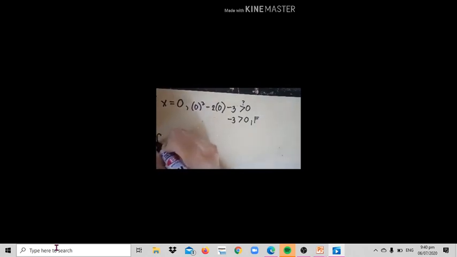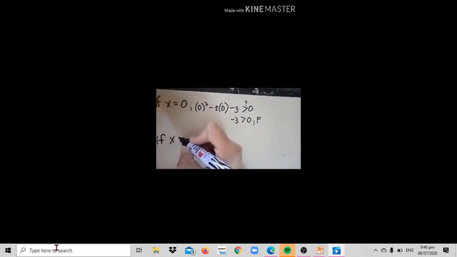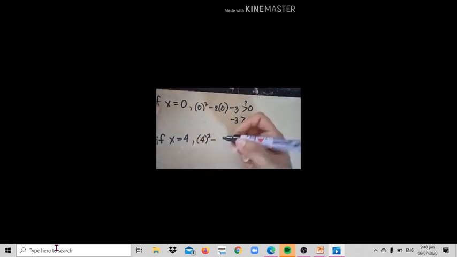Let us have if x is equal to 4. Yung pangatlong region natin or yung region that represents the numbers which are greater than positive 3. Okay, so we change all the x by 4. So we have 4 squared minus 2 times 4 minus 3.